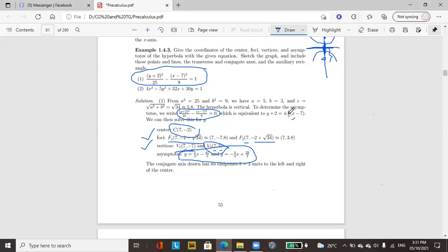Then you have also si 5 over 3 times 7. So unsa man siya mahitabo? Nasay 35 over 3. Dayon si 2 ato gi-transpose diri, mahimo siya negative 2. Mahimo na siya plus 35 over 3 minus you have 6 over 3. So 35 minus 6, you have 29 over 3.